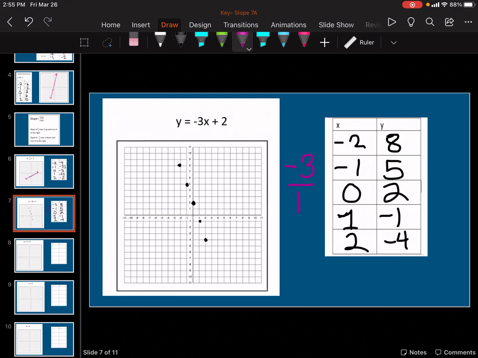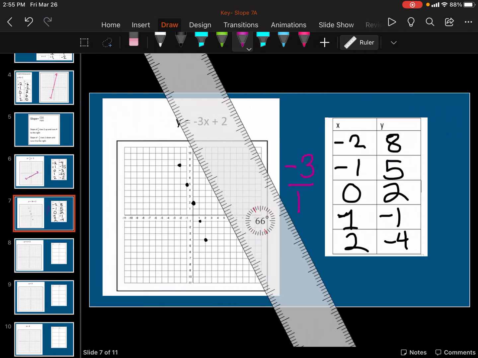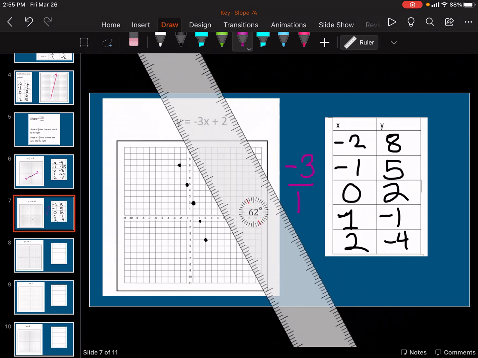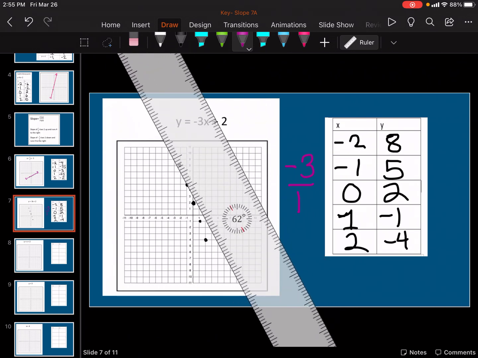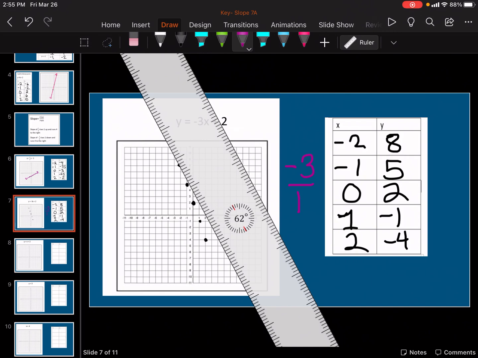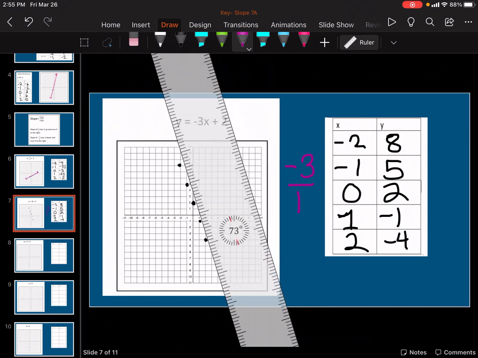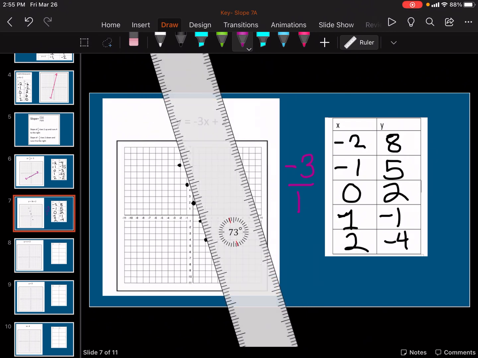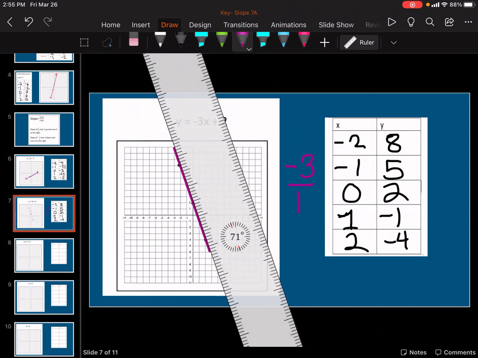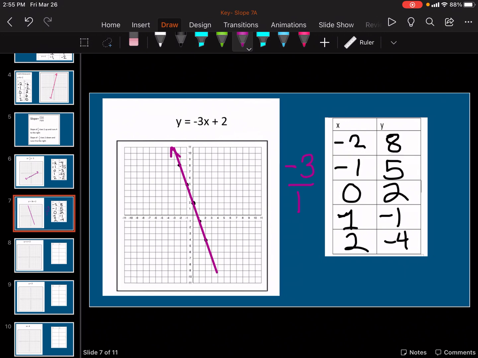So it does have the negative slope. Love the ruler. That's so fun. It does have a negative slope because it's going down, with y-intercept at 0, 2.